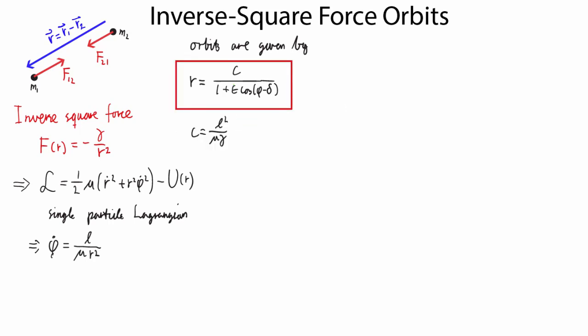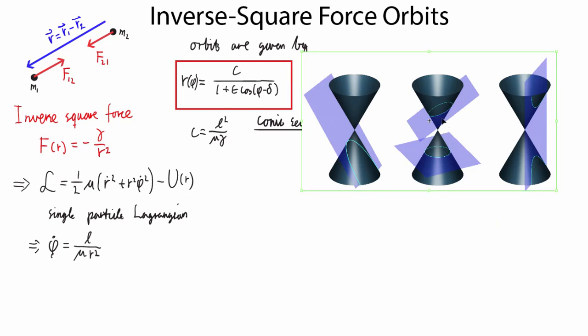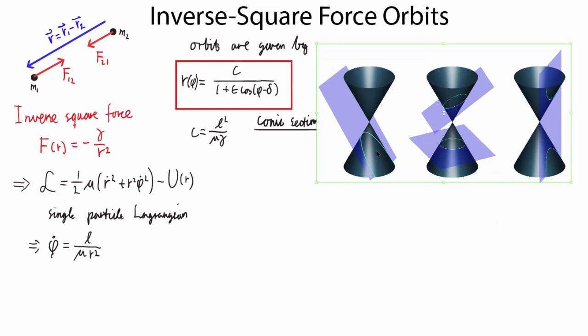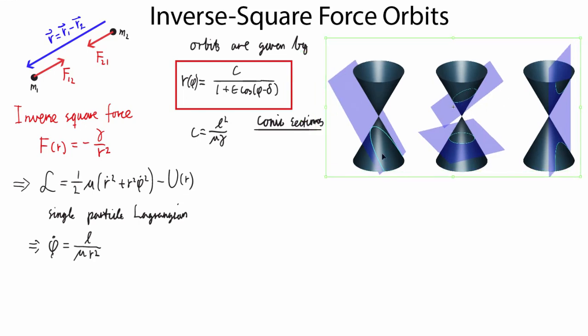Now what we're going to show is that these orbits, that is r as a function of phi, are all conic sections. So when I say conic section, I mean what you get when you take a cone and bisect it with a plane.